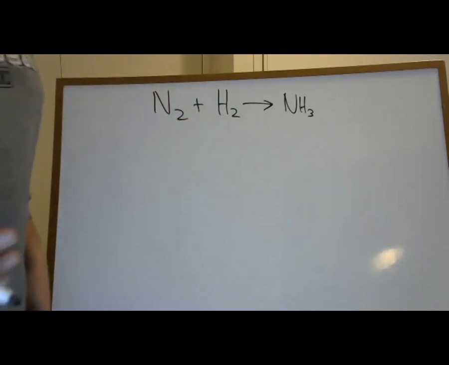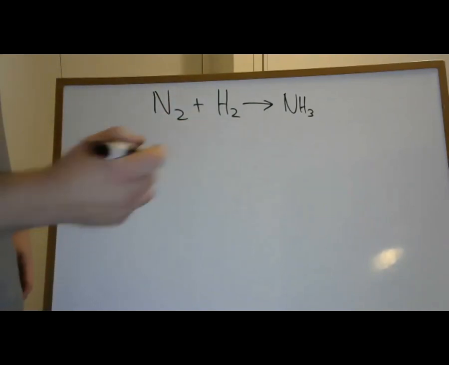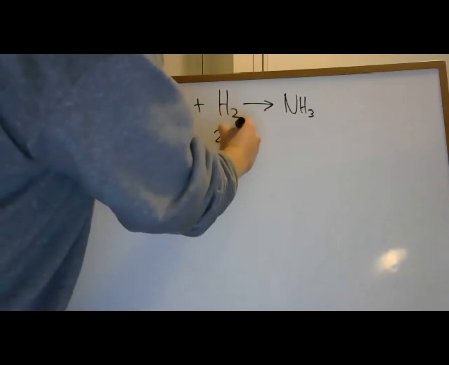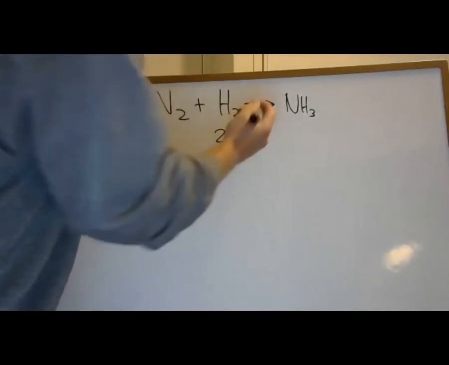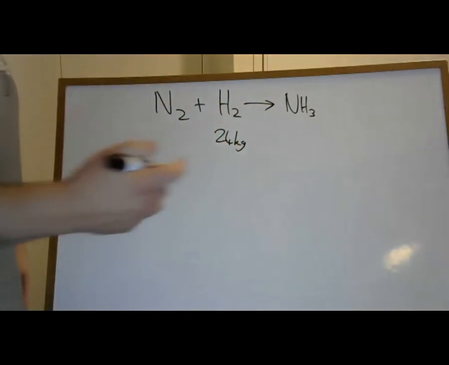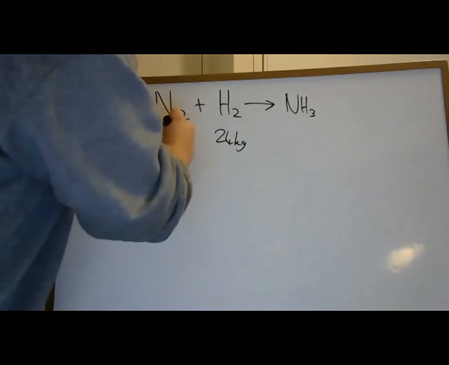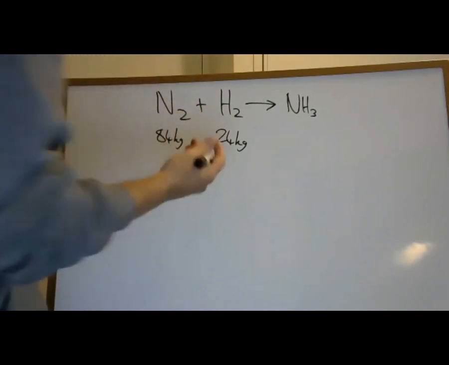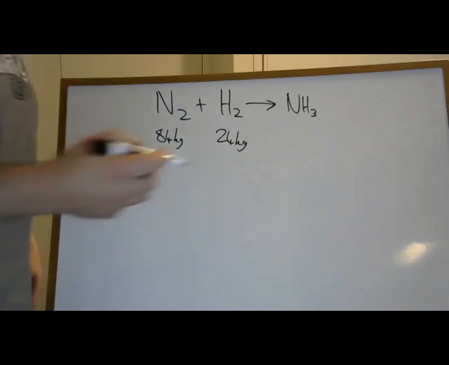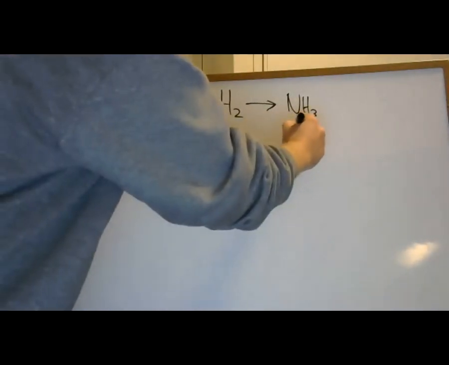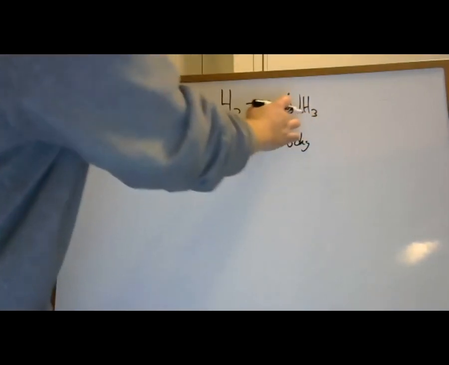The question then goes on. In a typical reaction, 24 kilos of hydrogen and 84 kilos of nitrogen react to produce 68 kilos of ammonia.